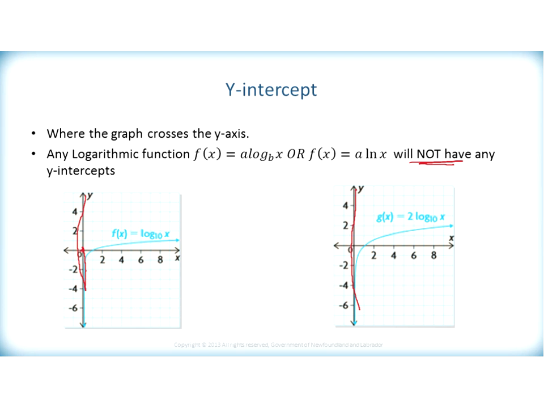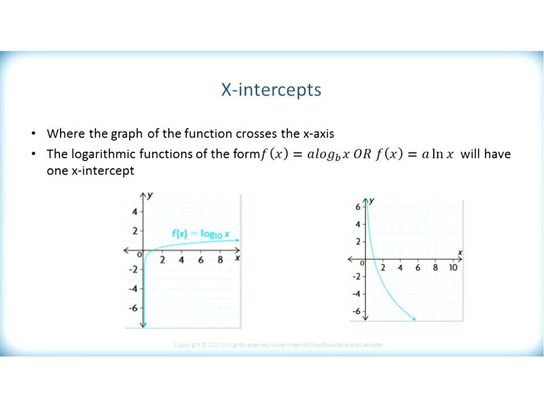It will get infinitely close to the y-axis, but it will never cross, so we'll never have any y-intercepts. The x-intercepts, where the graph crosses the x-axis: the logarithmic function of the form f of x equals a times log x base b, or f of x equals a times ln x, will have one x-intercept.